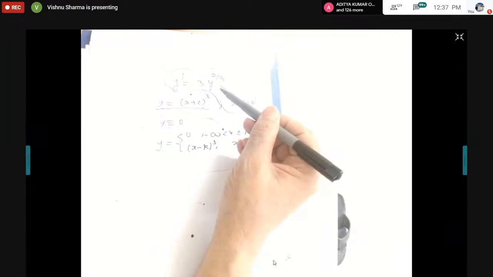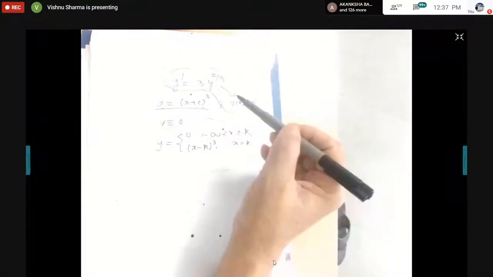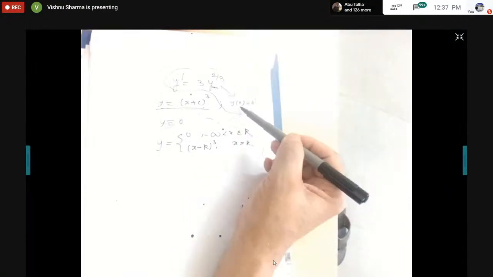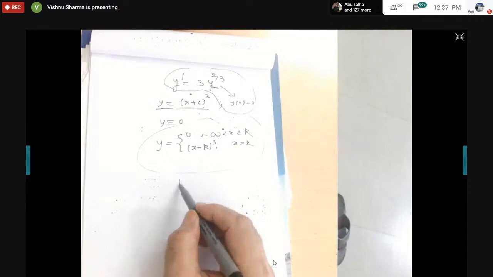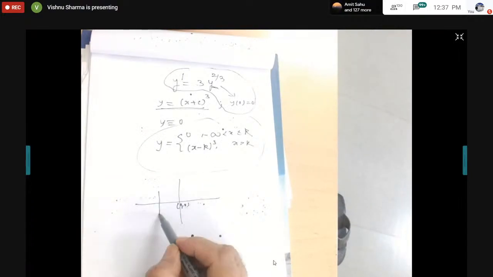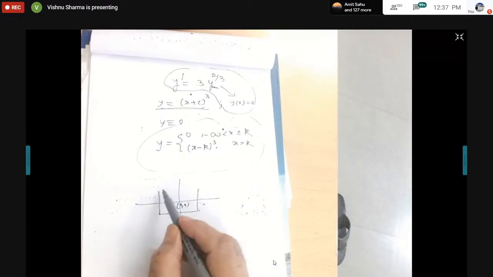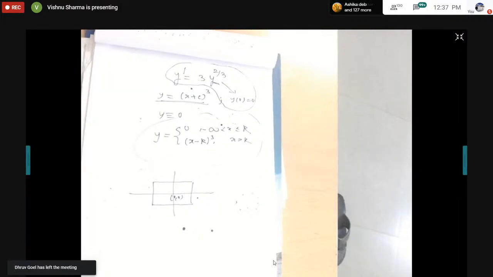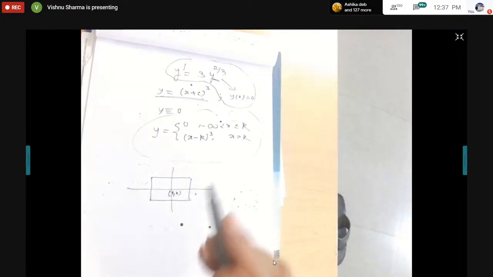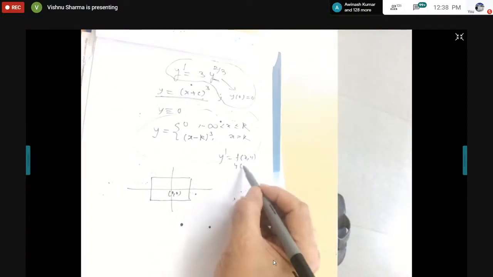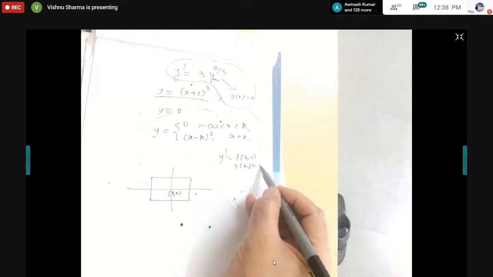What do the existence and uniqueness conditions say? If the function on the right hand side is continuous in some rectangle about (0, 0), and by the way, why do we take a rectangle? It says that y dash is equal to f of (x, y), y at x naught is equal to y naught.